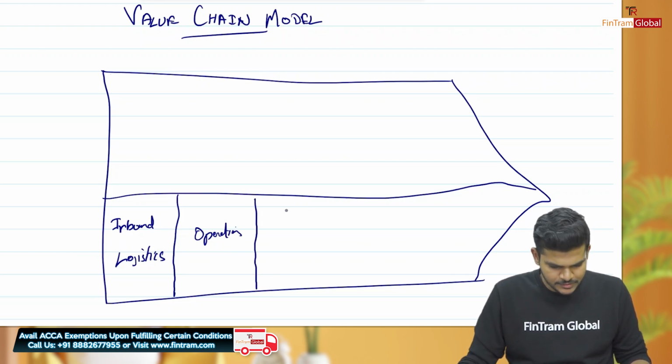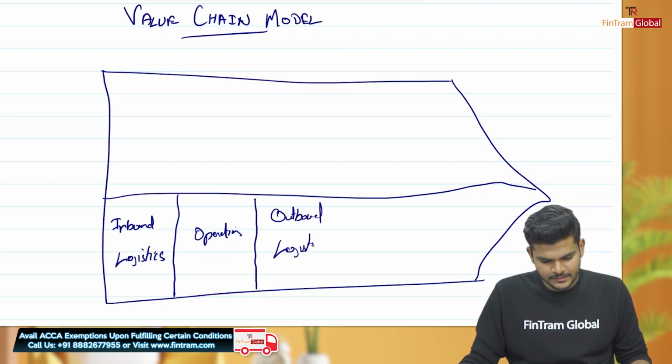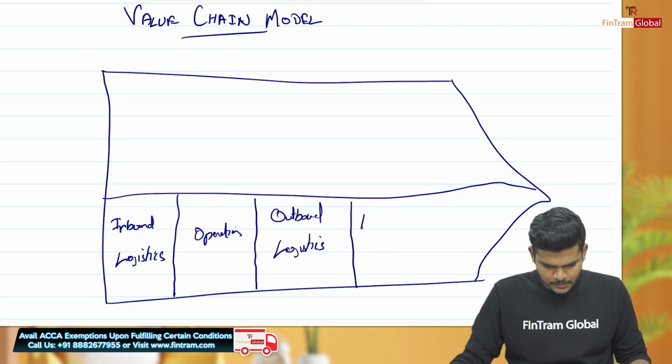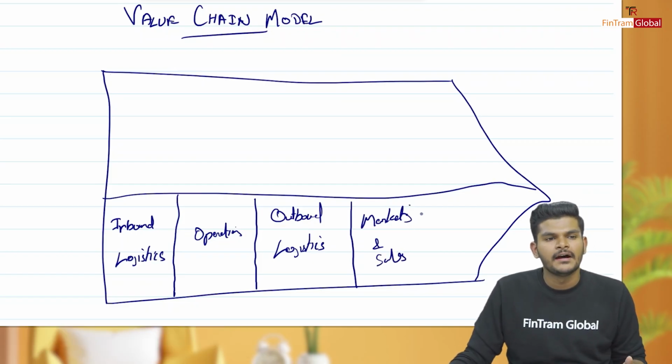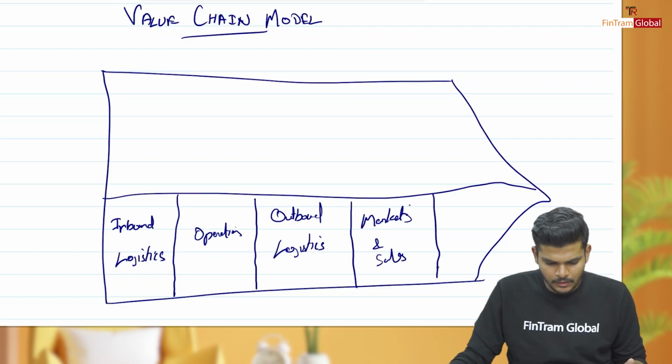And then there is outbound logistics. What else? Marketing and sales. And then we also have, you know, after sales as well, right? After sales services as well.